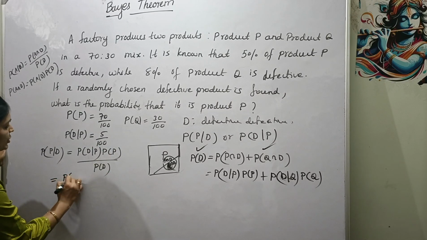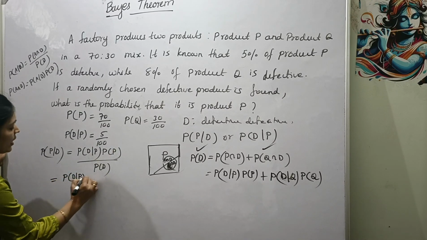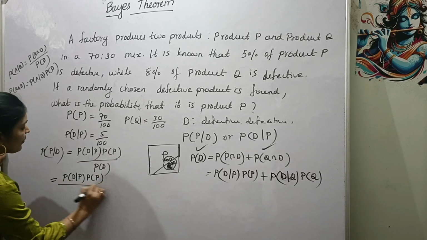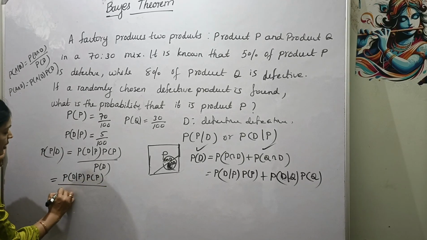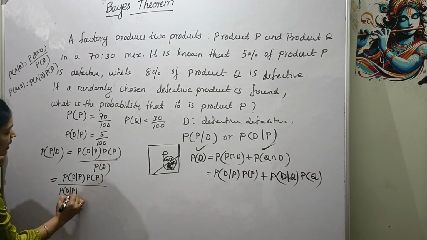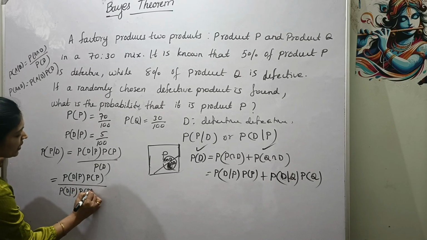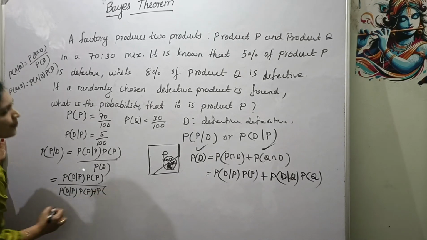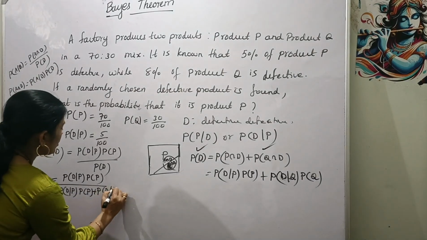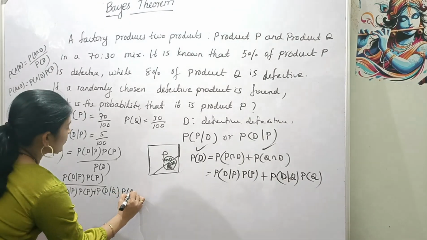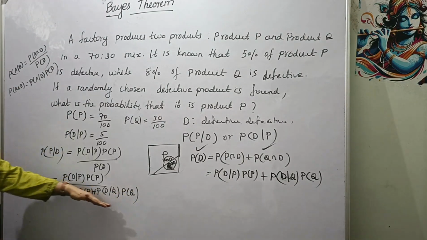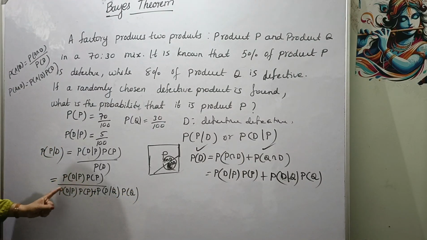Now let's substitute it here. That is, probability of D given P into probability of P divided by probability of D given P into probability of P plus probability of D given Q into probability of Q. Now we know all these values.